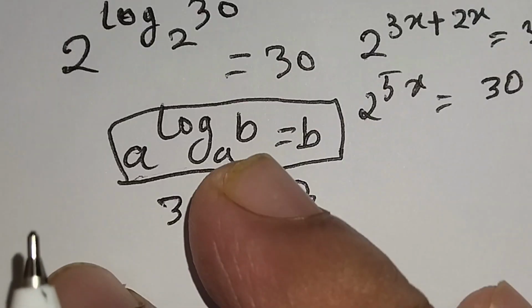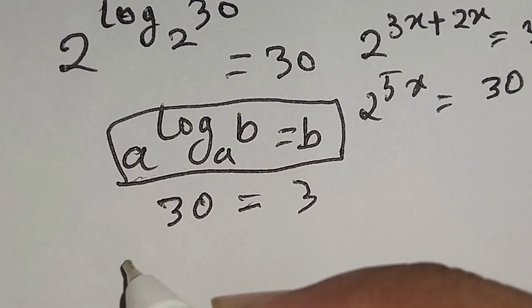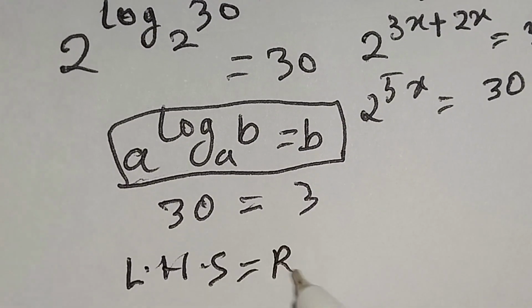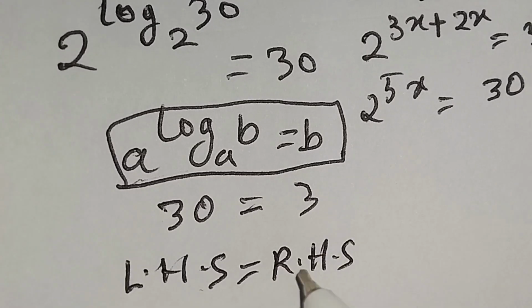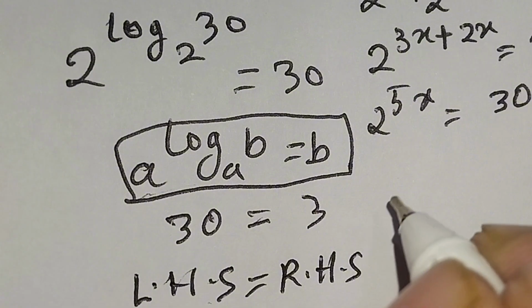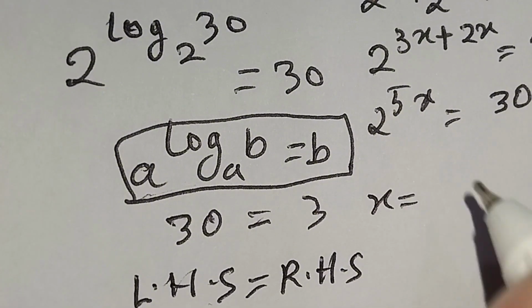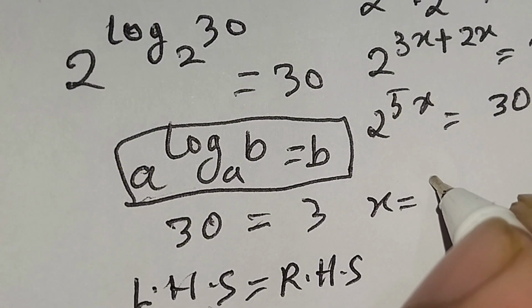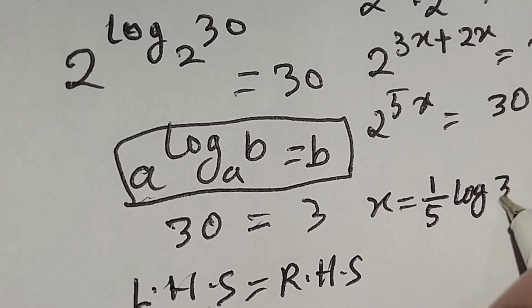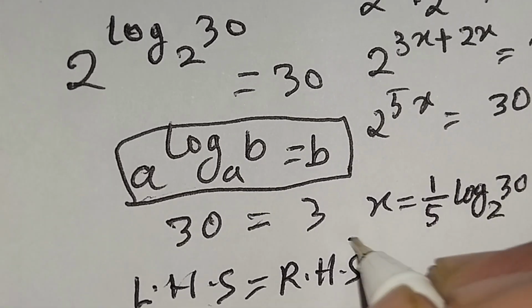Here left hand side is equal to right hand side, they are equal. Therefore our answer x is equal to 1/5 log 30 to the base 2. This is our final answer.